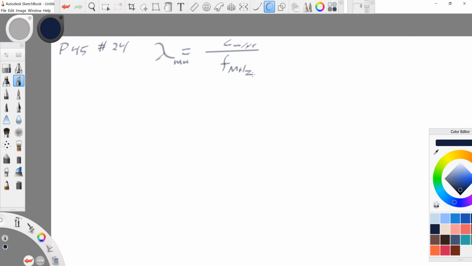Let's plug in numbers for number 24. We're looking for lambda, so we'll leave that. But what's C? What is C, guys, in millimeters per microsecond? Right, 1.54 millimeters per microsecond.